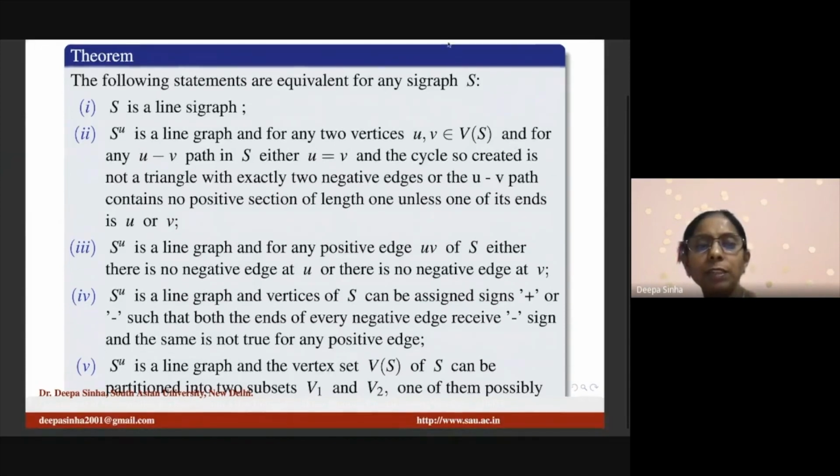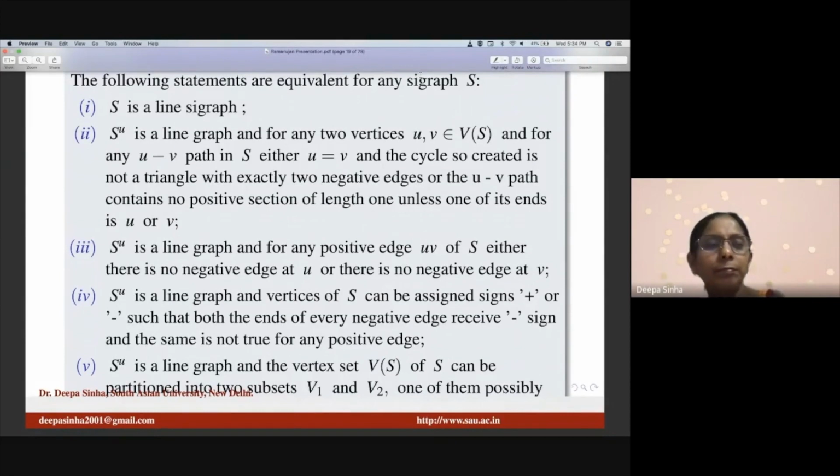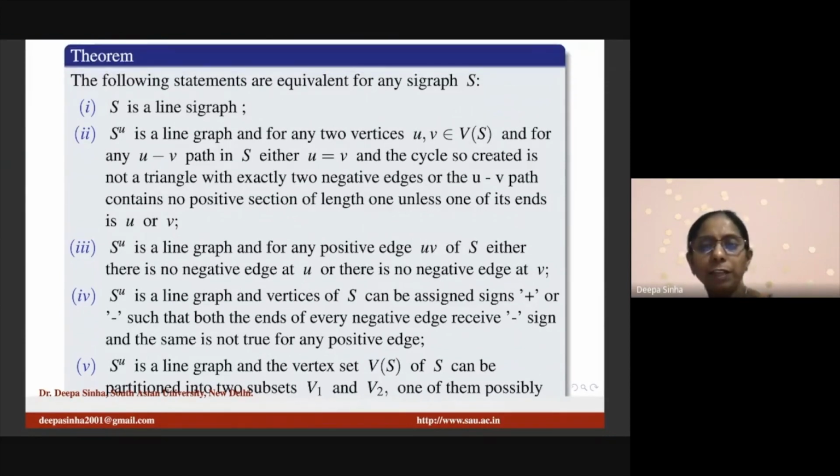Then S^u is a line graph, and for any positive edge UV of S, either there is no negative edge at U, or there is no negative edge at V. These are all equivalent statements. The fourth statement says that the underlying graph is a line graph, and the vertices of S can be assigned plus one or minus one, or plus and minus, it is one and the same thing, such that both the ends of every negative edge receive a minus sign, and the same is not true for any positive edge.